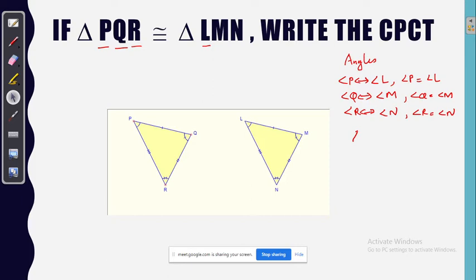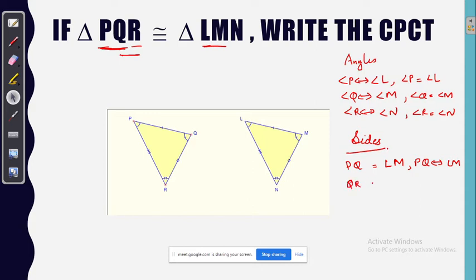Okay. So, the side PQ. LM, ma'am. Yeah, side PQ will be corresponding to LM. So, we can say that PQ is equal to LM. That is correct. Now what about the side QR? MN, ma'am.